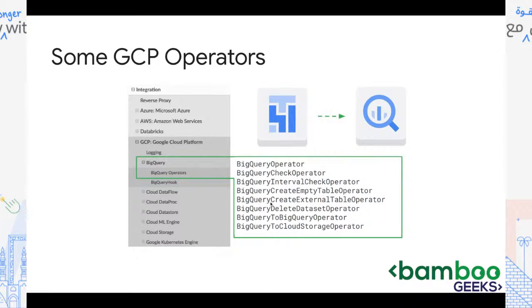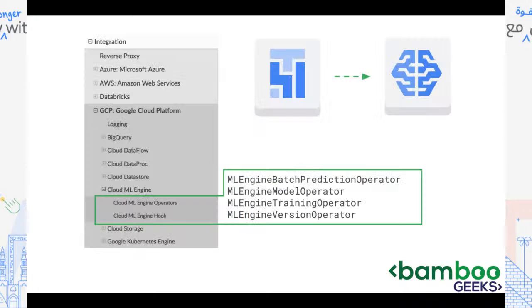You can see that, by its name, each operator is doing one specific thing. This operator is emptying a specific table. This operator is creating an external table. This one is deleting a dataset. This one is sending from BigQuery to BigQuery. This one is sending from BigQuery to cloud storage. So you get the idea of an operator: it is specific to doing one task, and it's done, nothing more.